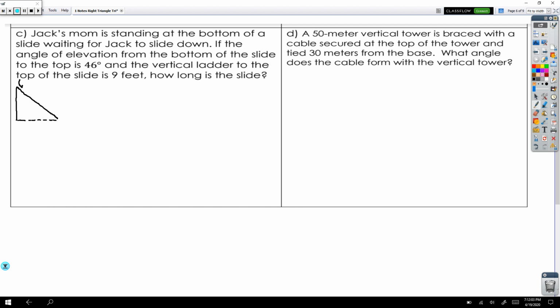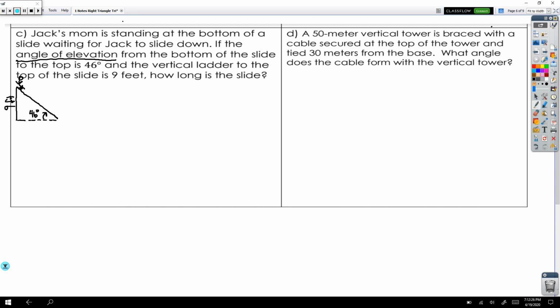And we got our little guy here sliding down. So angle of elevation, so horizontal line up, that is 46 degrees. And it tells me that the vertical ladder is 9 feet.